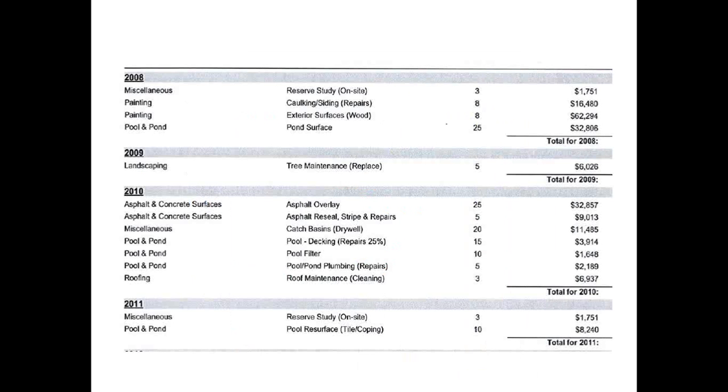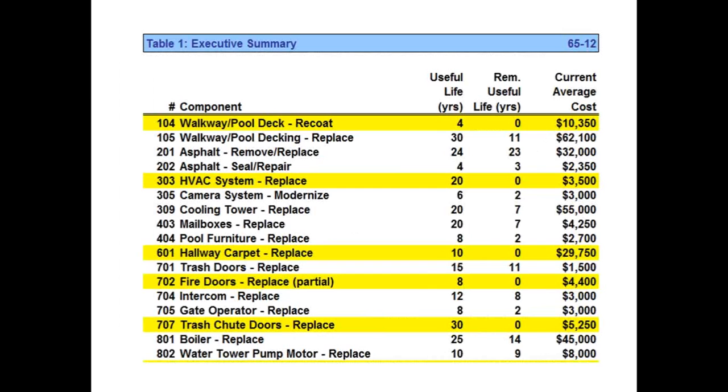Here's another way you might see reserve project assignment list, and this is another company's format where reserve projects are grouped vertically, going down the page year by year by year. And here's yet another format where the reserve components with the remaining useful life of 0 are all highlighted.